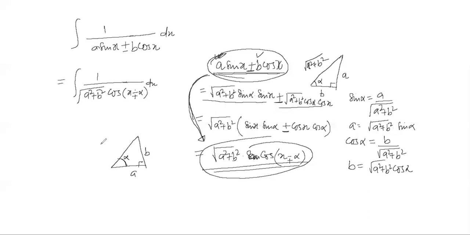In this case, the hypotenuse will still be root under a square plus b square. Then sine alpha equals b upon root under a square plus b square.